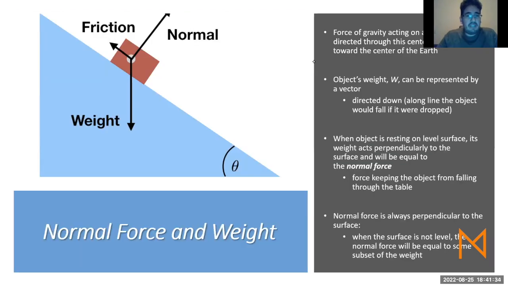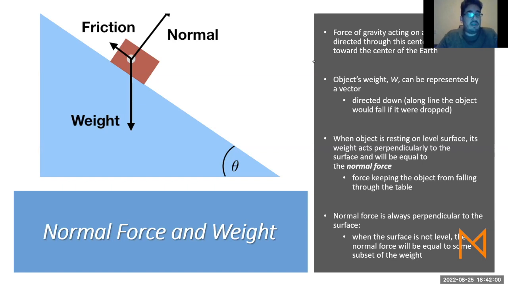Now, your object's weight, what in physics we define as the capital letter W, is shown to you here and it's represented by a vector. So once again, it's going to have a magnitude of value, and it's also going to have a direction, as you see here. In this case, because the weight is affected by the force of gravity, it's going to be directed downward along that line as if your object was just dropped straight down.